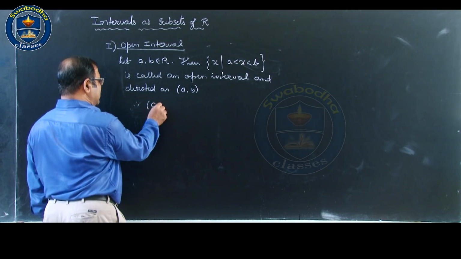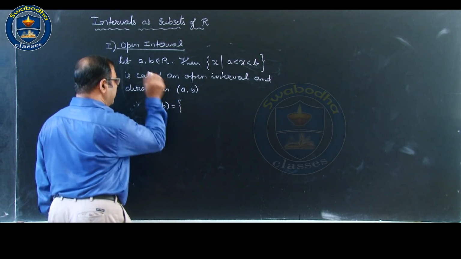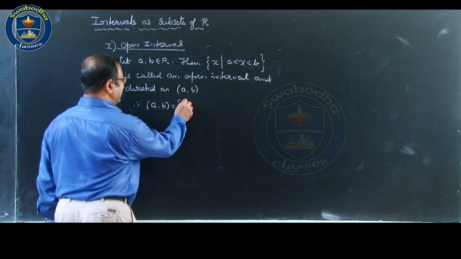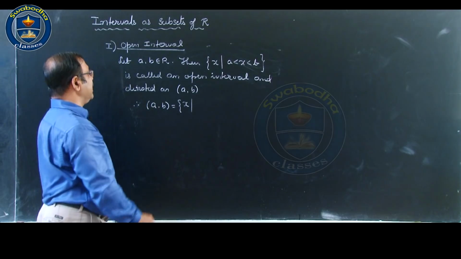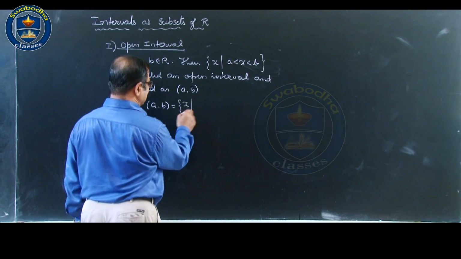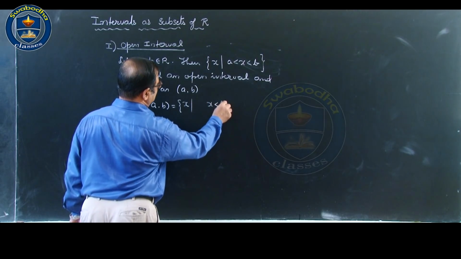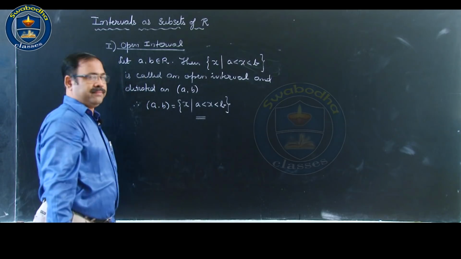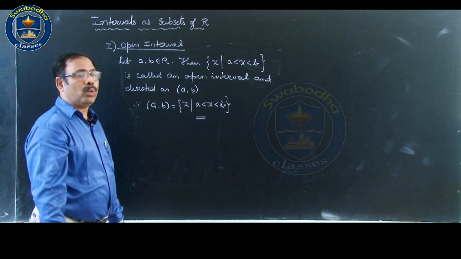Therefore, I write the open interval (a, b) is the set of all x, because even x is a real number, such that x is strictly less than b and strictly greater than a. So, this is an open interval.